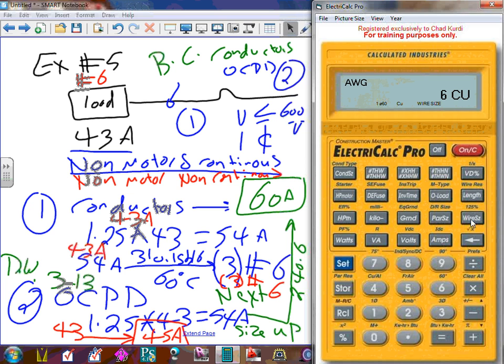Take this: if you can't load a circuit breaker more than 80% of it, how can you achieve this rule without going up? If you go down, say you go to 54, go down to 50 here. Take 80% of 50. What's 80% of 50?